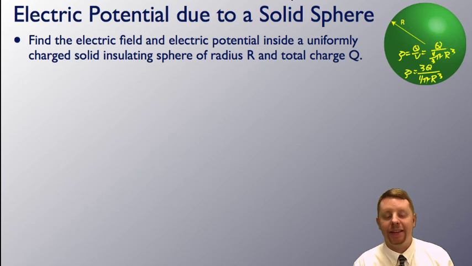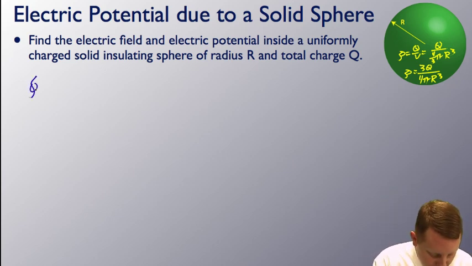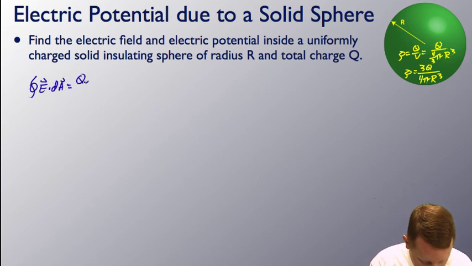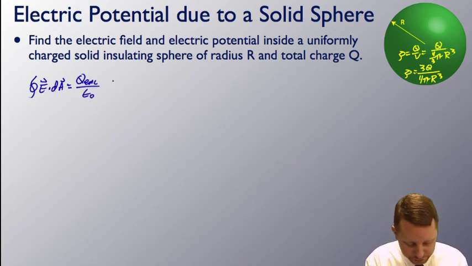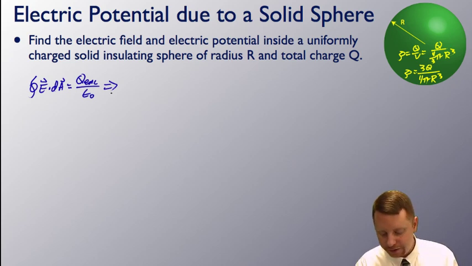All right, now that we've got that, let's talk about a strategy. Let's see if we can first find the electric field. We'll choose a sphere as our Gaussian surface. So the integral over the closed surface of E dot dA equals our enclosed charge divided by epsilon 0. Because we've chosen a symmetrical shape and we have uniform charge, the electric field is symmetric, so that's a constant anywhere at that radius.